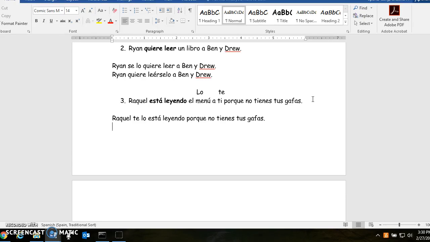Now you have to attach it. Leyendo, leyendo. Where's that natural stress? Raquel está leyéndotelo porque no tienes tus gafas.